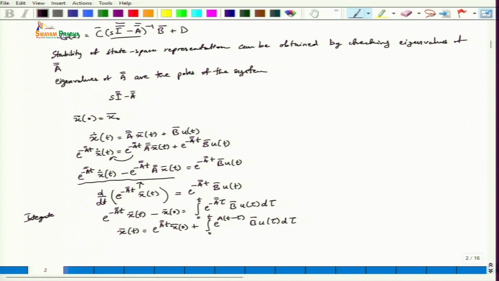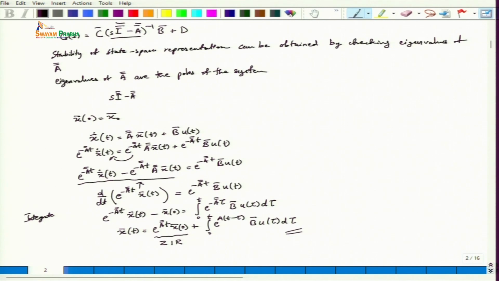So this basically represents the response of the system, and this part, if you see, is the zero input response. So say our input u is 0, then this particular term, that is the integral, will vanish, and we are just left with e to the power At times the initial state.